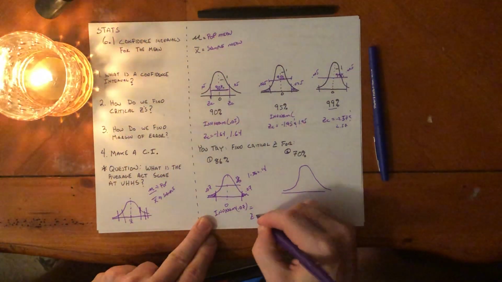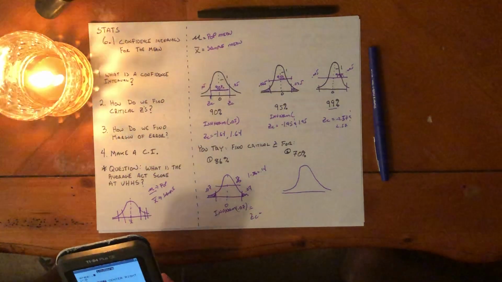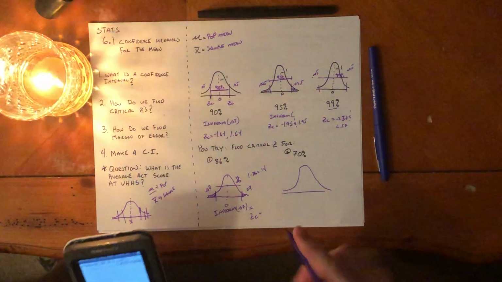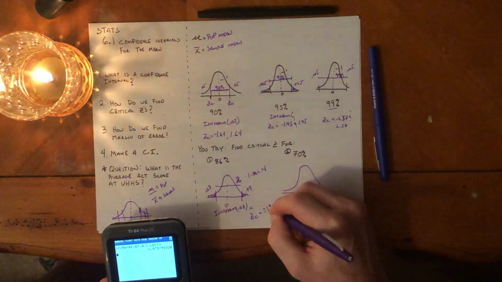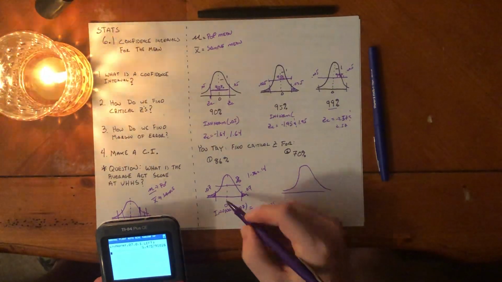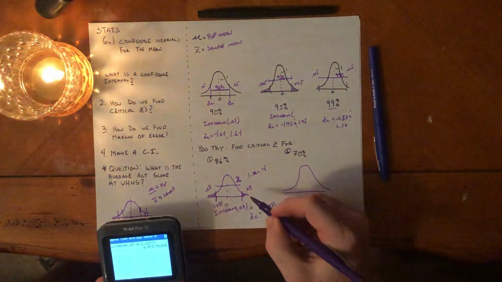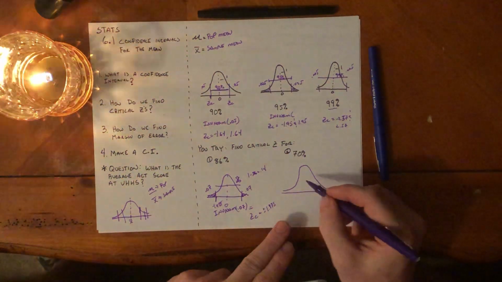And that's going to get me my critical Z's, right? So invert norm, 0.07. Boom. Plus or minus 1.475. So that's going to be negative 1.475 here for the Z score and positive 1.475 for this one.